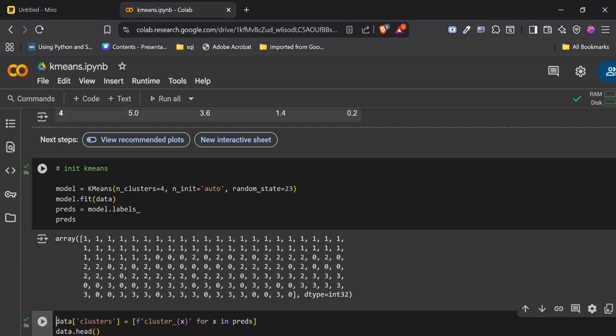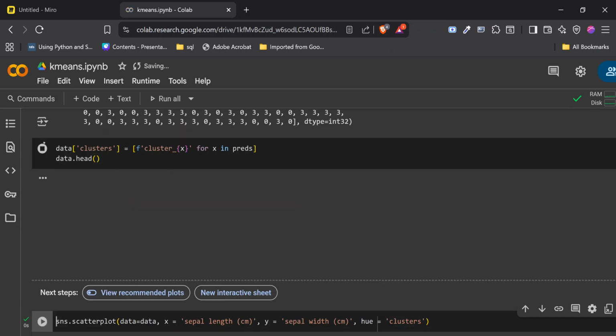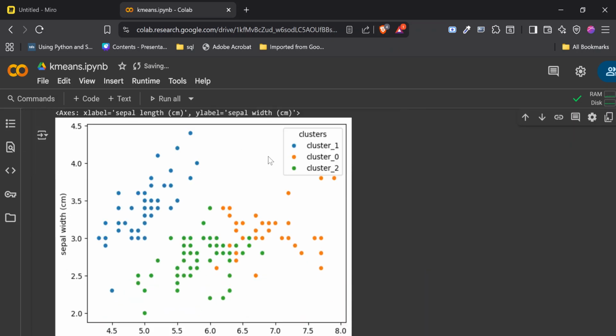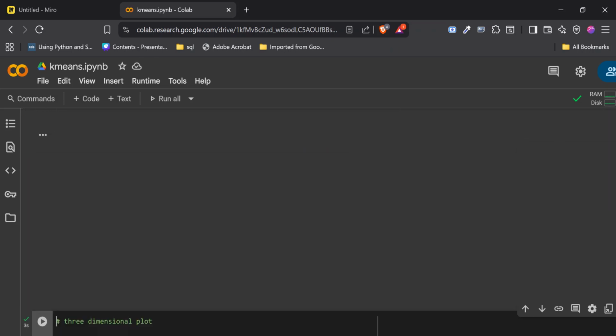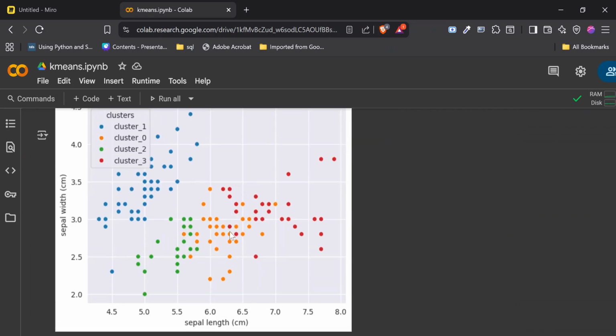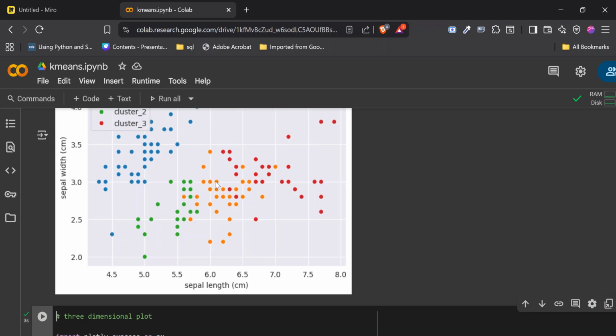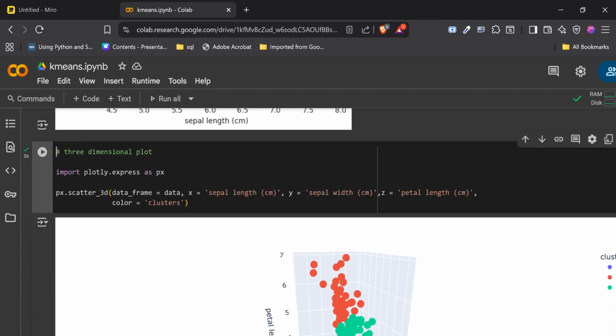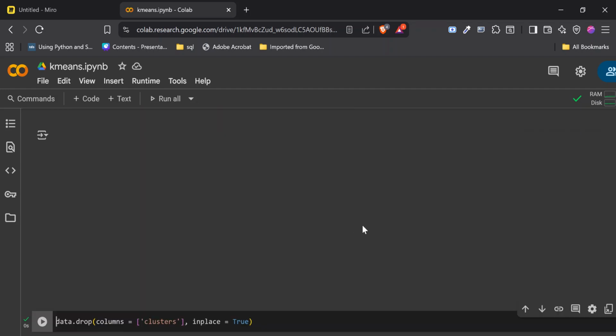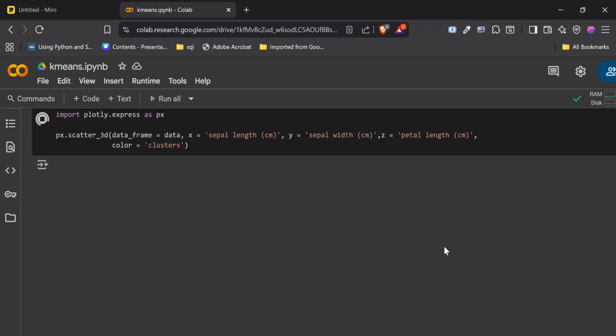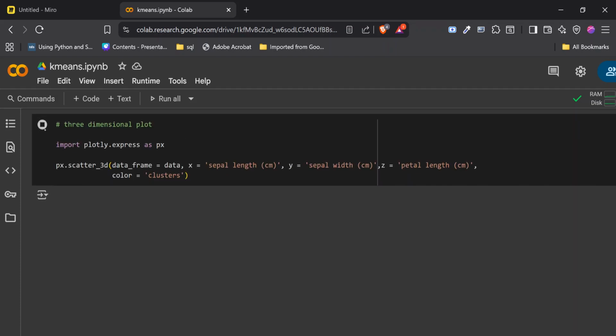Run this, and you're going to see cleaner separation. Then you can give this one also a spin to see what it looks like.